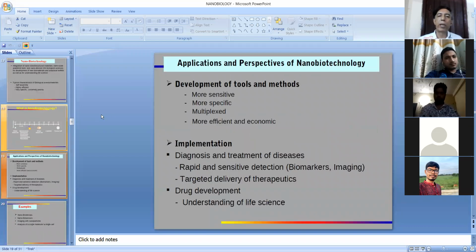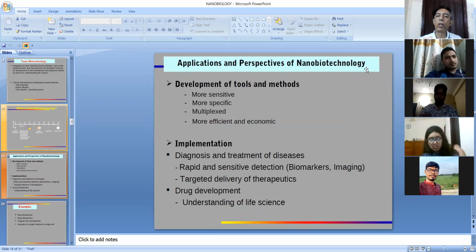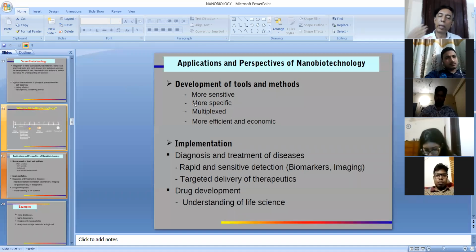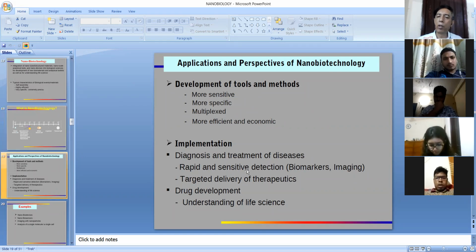So the applications of nanobiotechnology are to develop tools and methods, because they are more sensitive, more specific, and multiplexed. Multiplexed means they can do more than one work, and because of nano size, they are very economic. They can be implemented in the diagnosis and treatment of diseases.